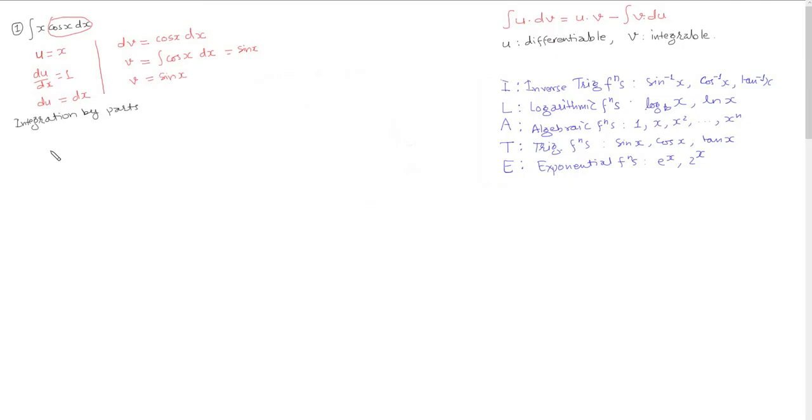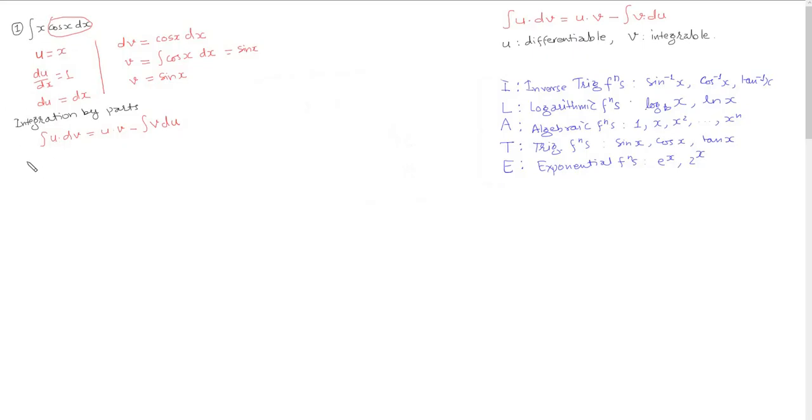So let's start integration by parts, and let me copy down the formula, which is integration u times dv equals u times v minus integration v du. By our assumption of u equals x and dv equals cos x dx, we are considering the form integration u times dv for this given integral.